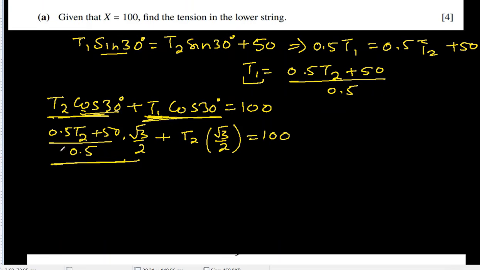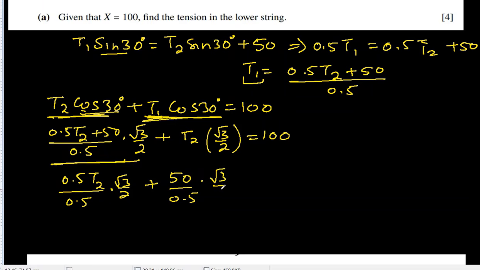Now let's separate this: 0.5 T2 over 0.5 multiplied by square root 3 over 2, because it is multiplying with the whole of it. So when we separate them, they will be just like that: 50 divided by 0.5 and again square root 3 over 2, plus, they cancel out.